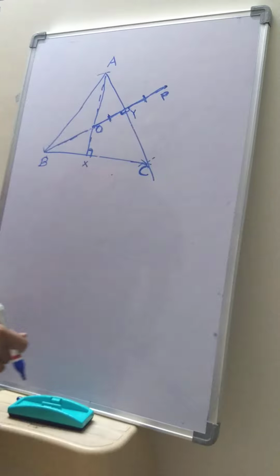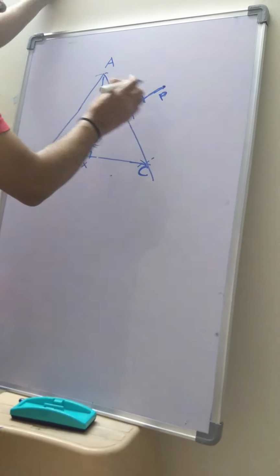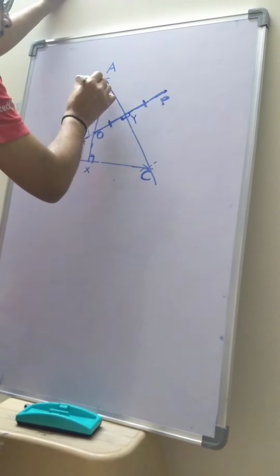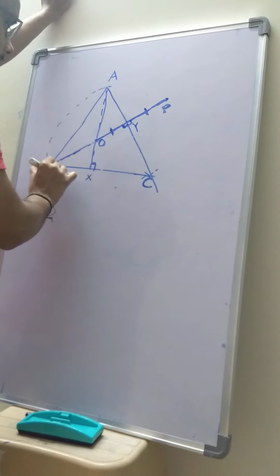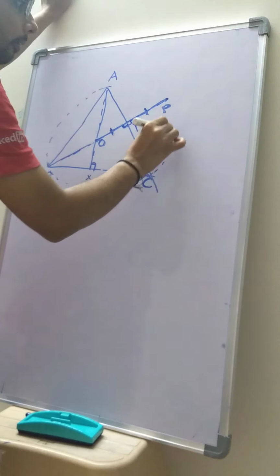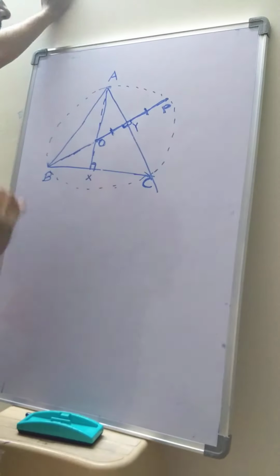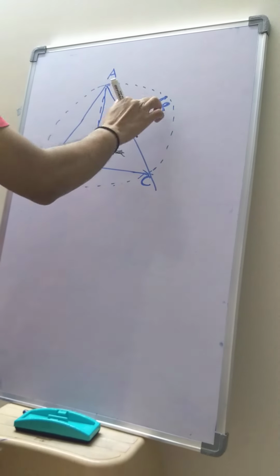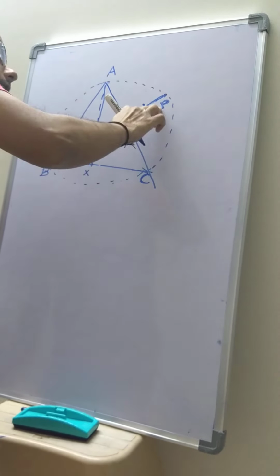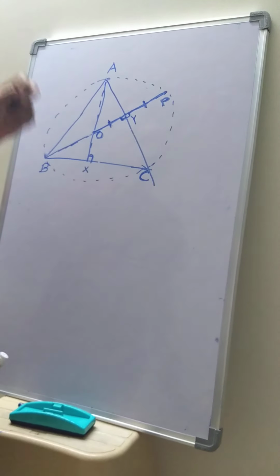So let's say you have to show that P lies on the circle which passes through A, B, C. What can you do to show that P is on that circle passing through A, B, C?